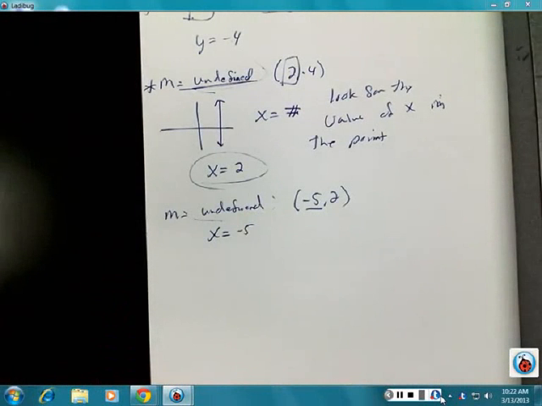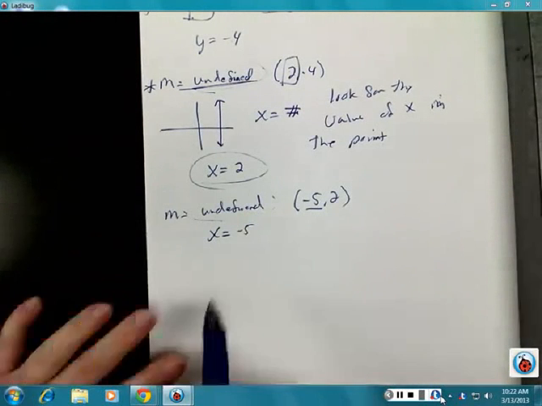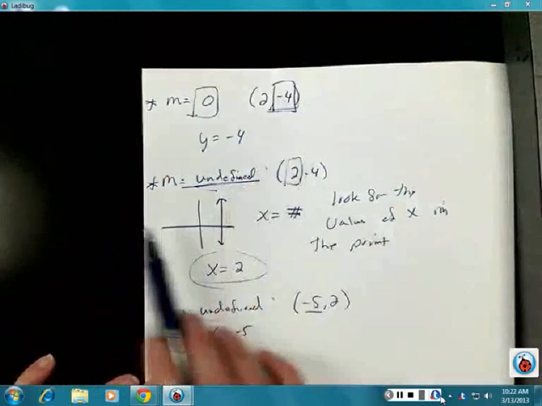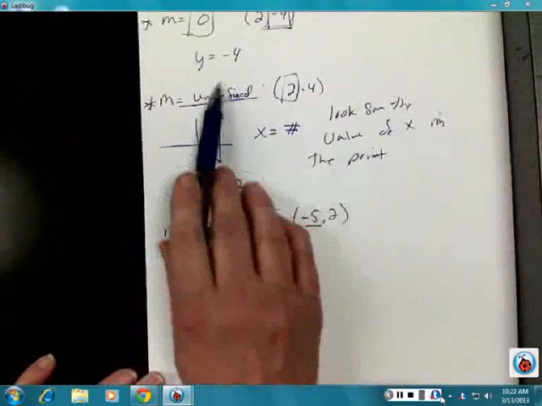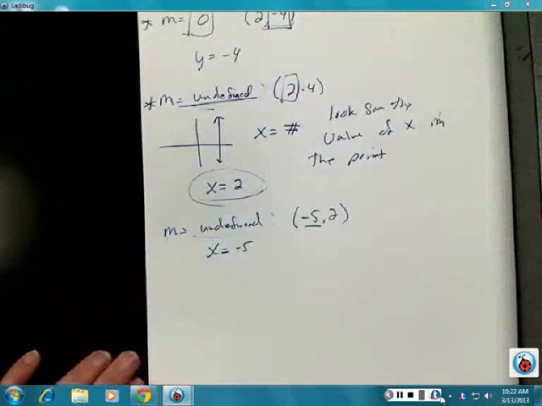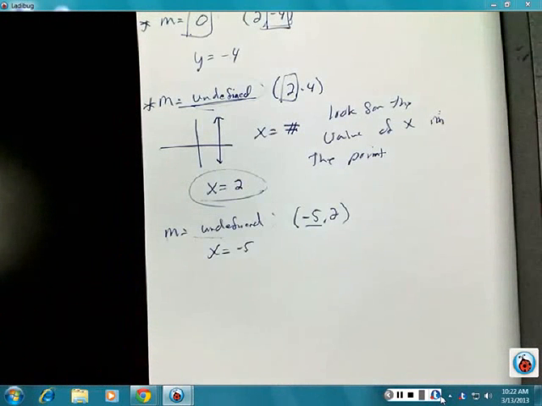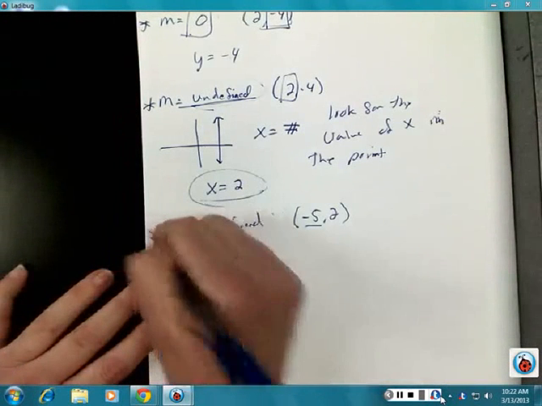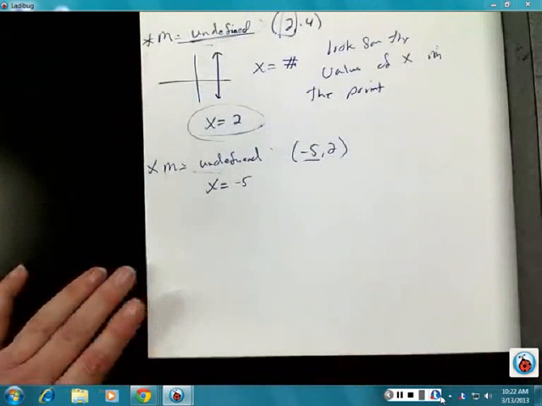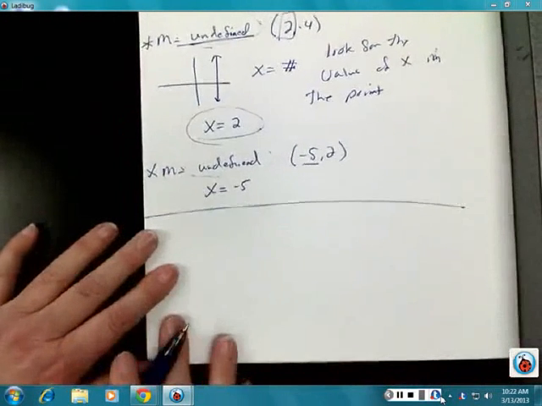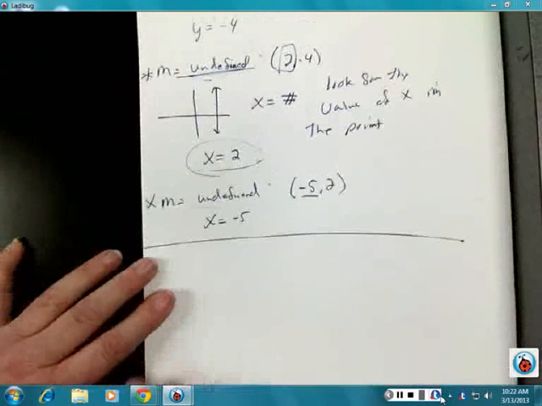If you can determine these things, if the slope is 0, it's going to be the y value of your point. If it's undefined, it's going to be the x value of your point. And so that ends up becoming the values that you have in there for those. Okay. Now, the problem comes in. All the ones we just talked about are the easy ones where they give you all the information.